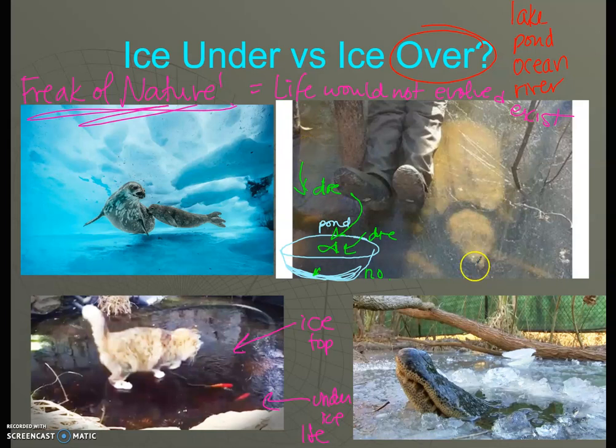All right. So, yes, this snapping turtle can still exist under the ice. And yes, these seals can still eat under the ice, and life can exist in the Arctic. And I don't know if you saw this of the alligators down in Florida, but it got real, real cold, and their body temperatures dropped so much, and it just had just its nose out.